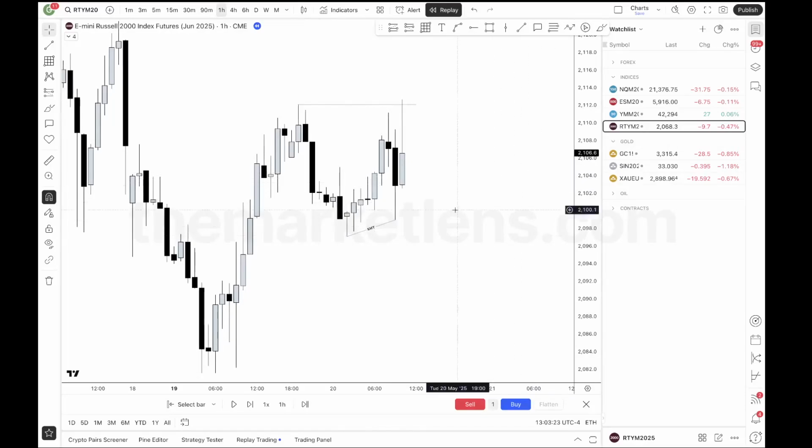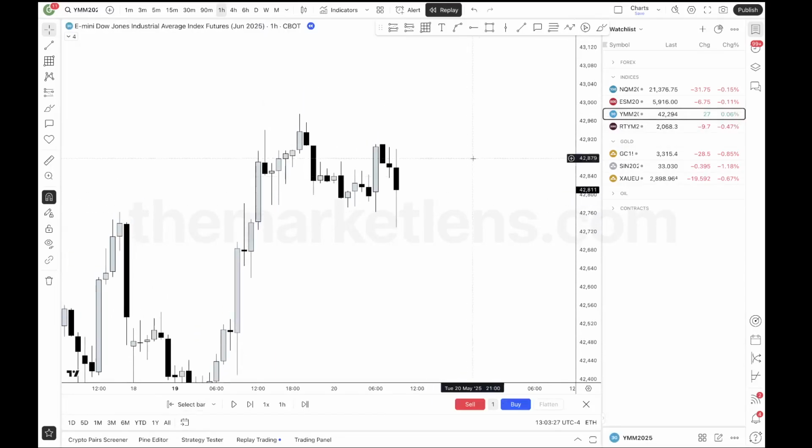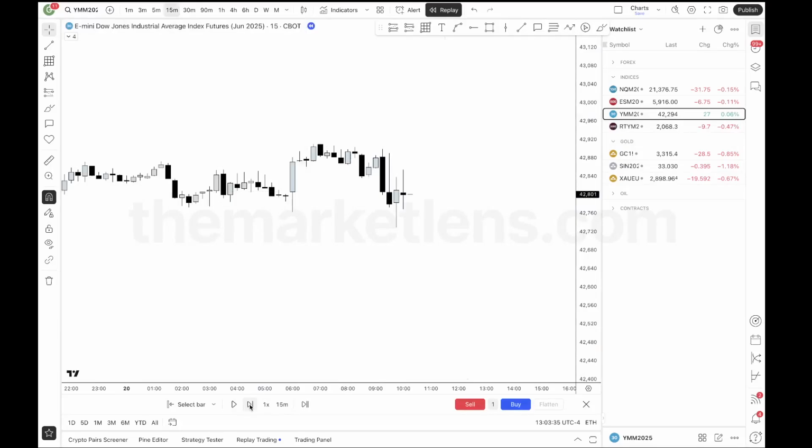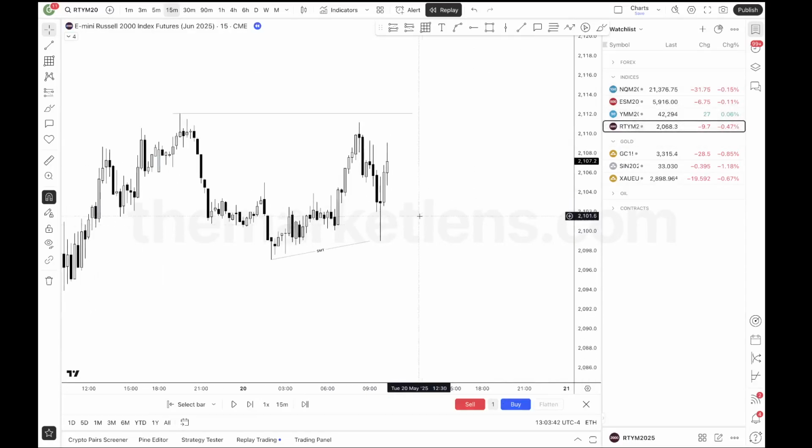But if you look here, for example, you have this SMT here. If I go into the 15 minutes, do you see how this asset is just bullshitting? It's more just consolidating, while this one over here is expanding. You see that?